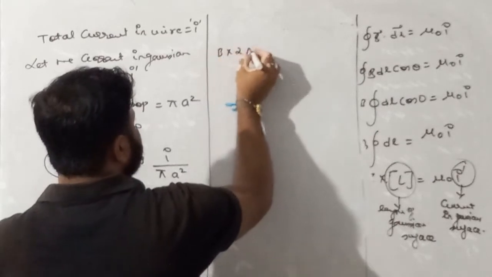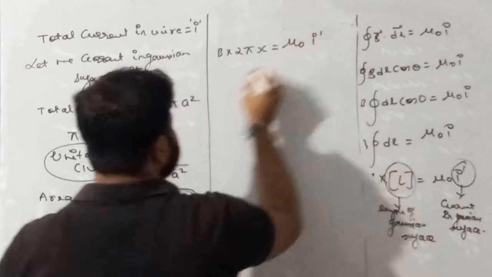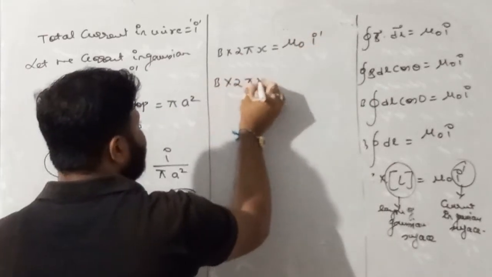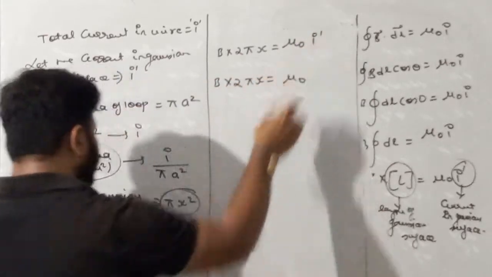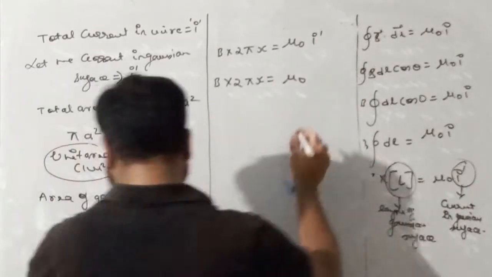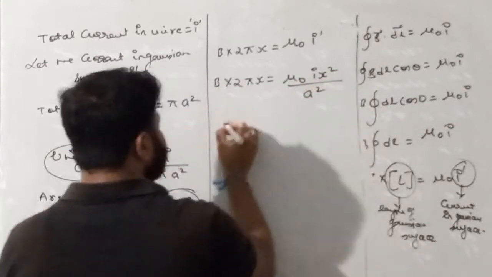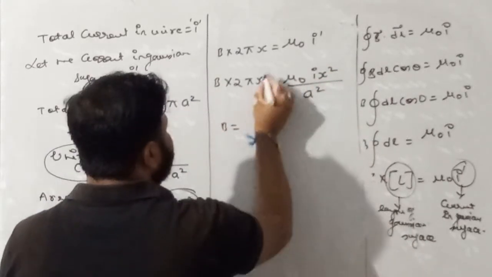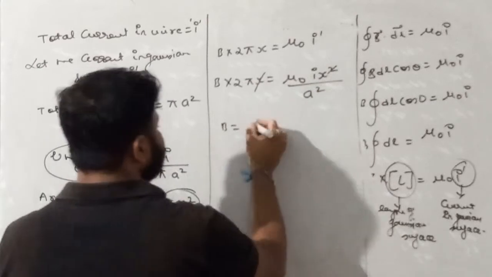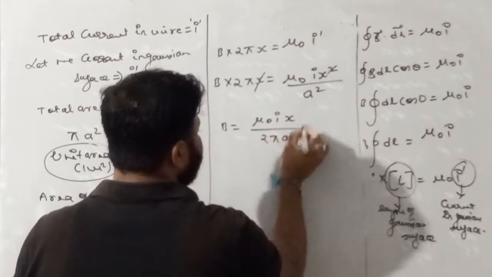So B into 2 pi x is equal to mu naught I dash. So we can write B into 2 pi x is equal to mu naught, instead of I dash, which is current in Gaussian surface, I x square by a square. So B becomes equal to, see, x and x get cancelled, mu naught I x upon 2 pi a square.